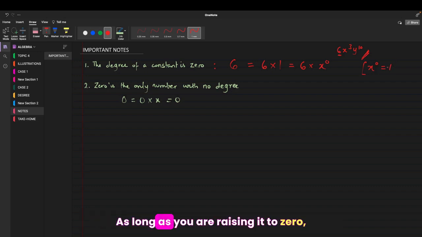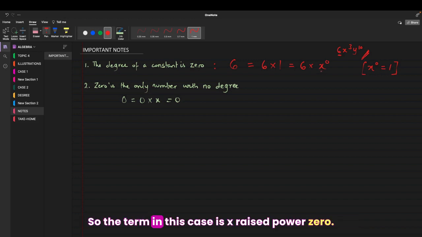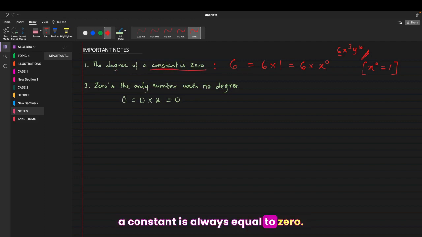As long as you are raising it to 0, the answer would always be equal to 1, right? So again, how do we define degree? The sum of the exponents of all the letters in the term. So the term in this case is x raised to power 0. So the sum, since there's only one letter, right? The sum of 0 will always be equal to 0. And that's why we say the degree of a constant is always equal to 0.